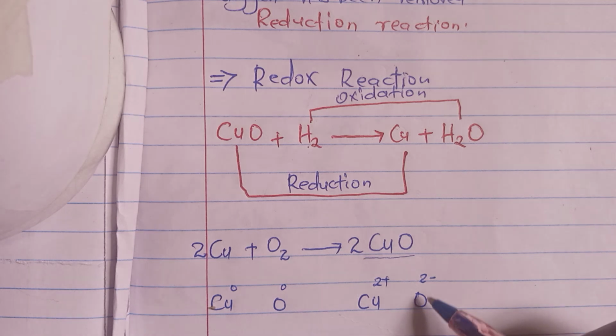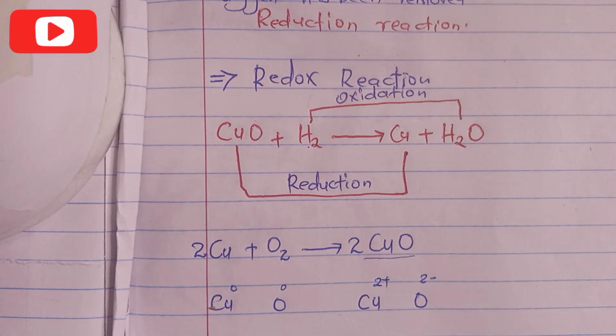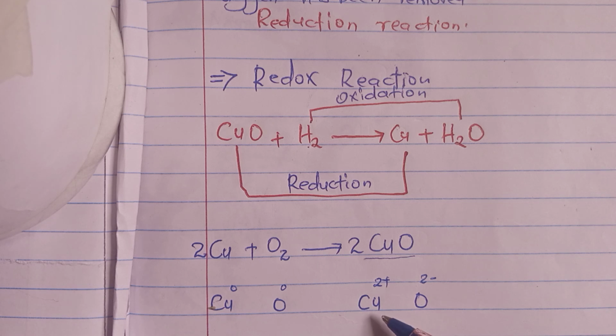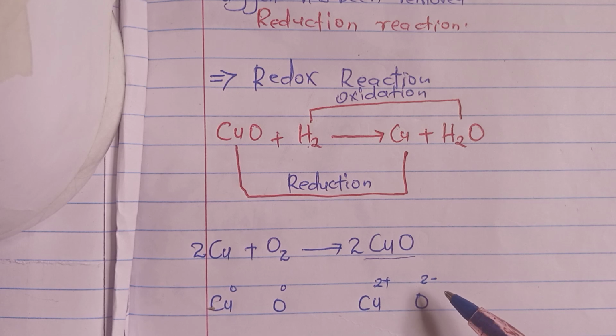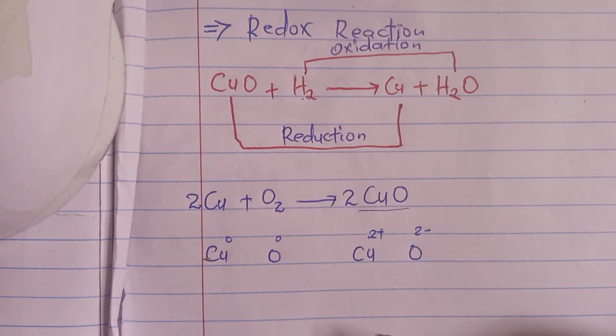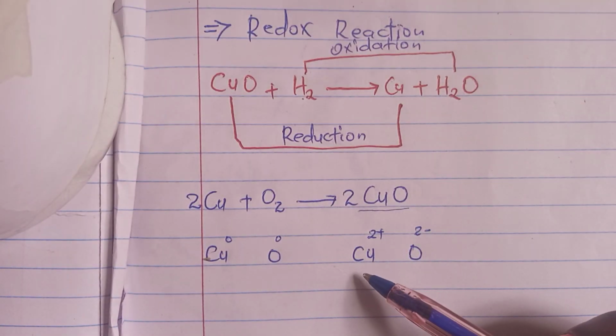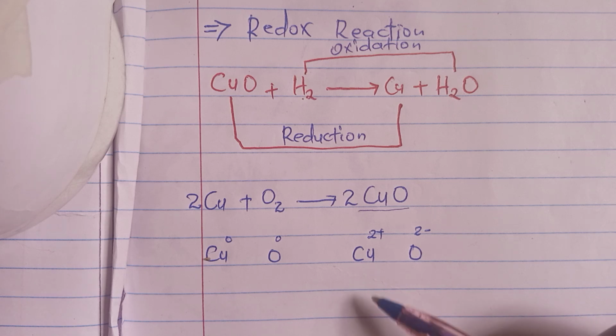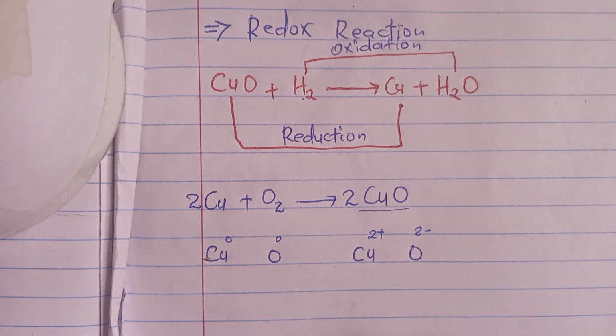And oxygen has to gain 2 electrons. For copper to be stable, it must lose electrons. For oxygen, it must gain electrons. So whenever there is a loss of electrons, there must be an addition of oxygen for the process to be known as oxidation reaction.